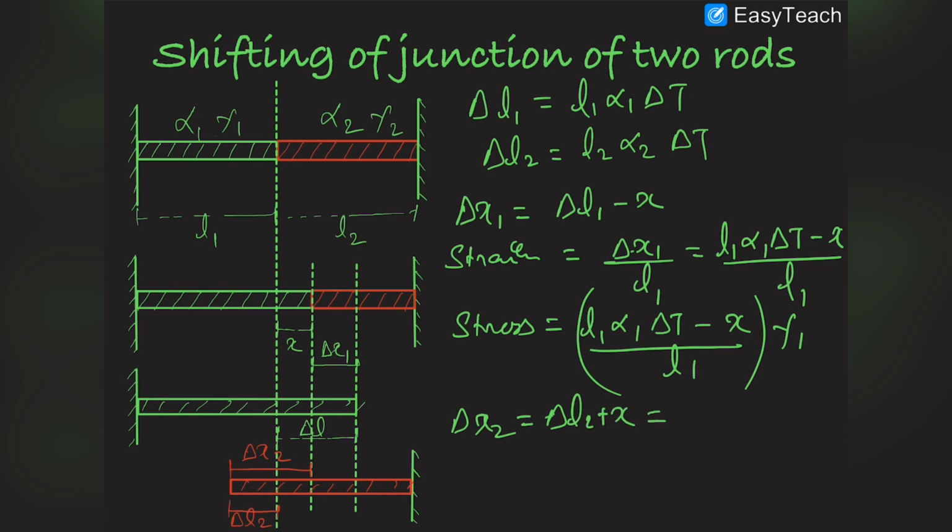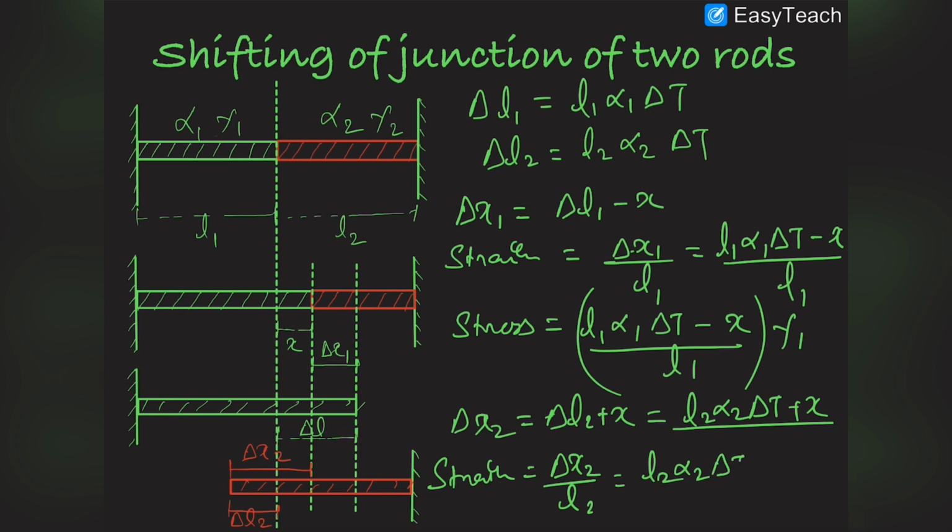So it would be L2 α2 Δt plus x, divided by the original length L2. In fact, this is x2, and the strain developed in this rod would be restricted length upon original length, so it would be (L2 α2 Δt + x) divided by the original length L2.